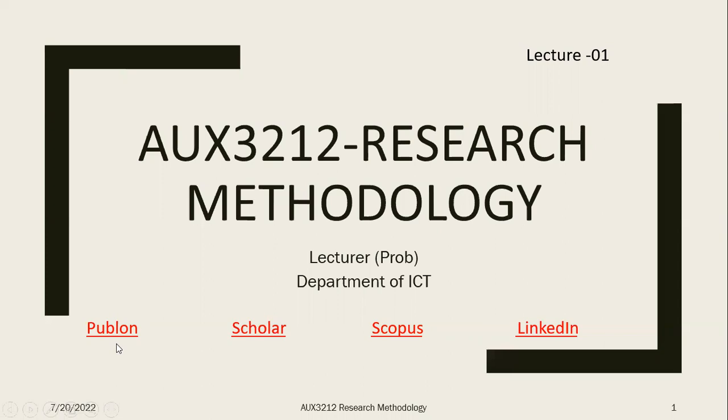Another one is PubMed, and there are a lot of other research profiles, such as ResearchGate and ORCID. In the coming parts of this lecture, I will ask you to create those profiles. For the moment, when I share these slides, you can go through those profiles.